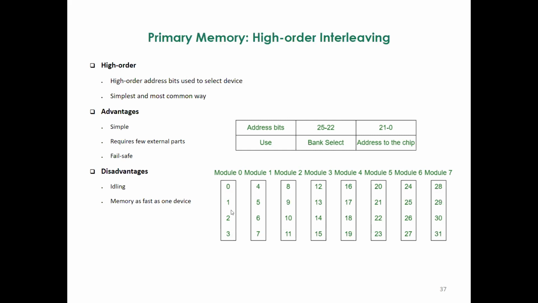Because we have 8 modules, we will be able to interleave them together. We need 3 bits, which will be used to select each of the modules. So those 3 bits, we pull them from the high order end of our address, which is 25 to 22.